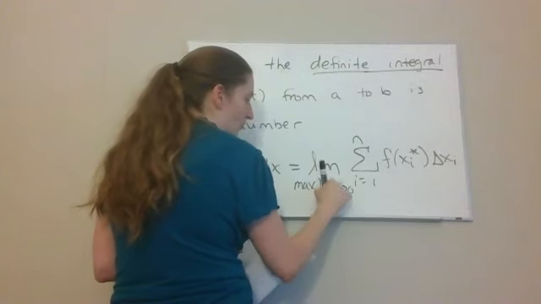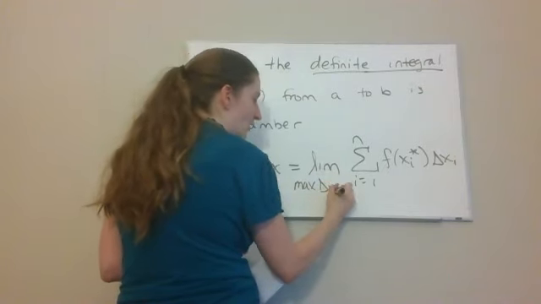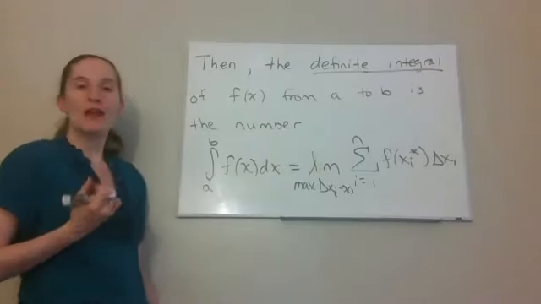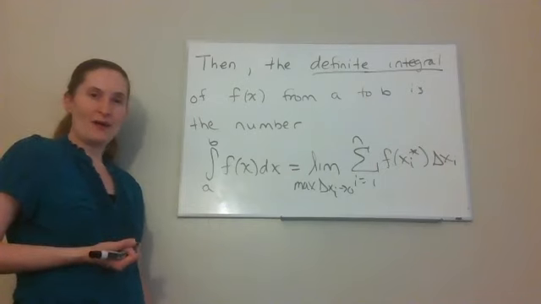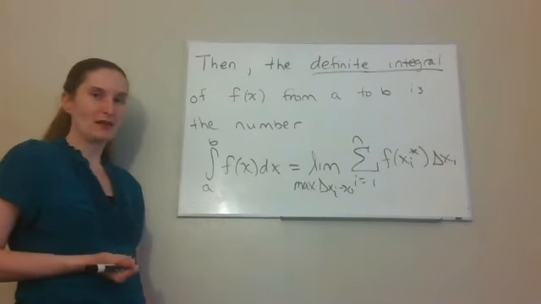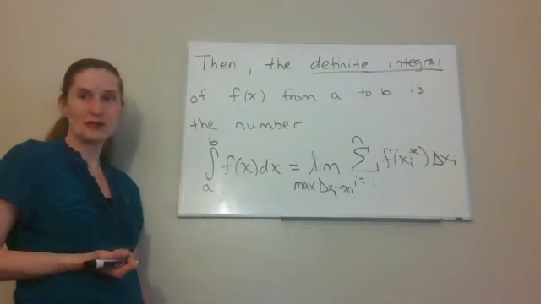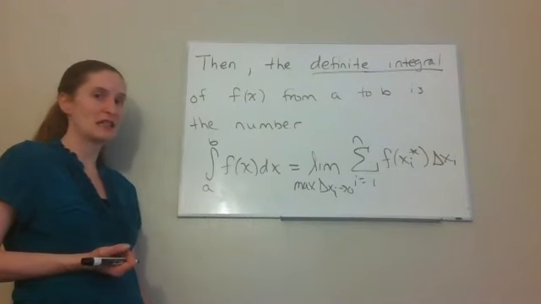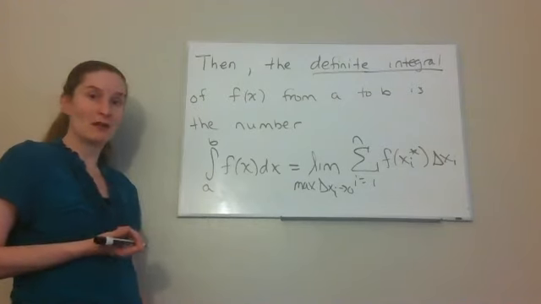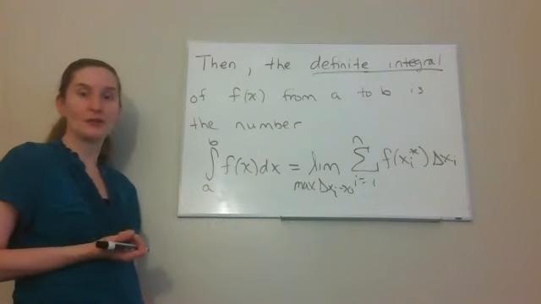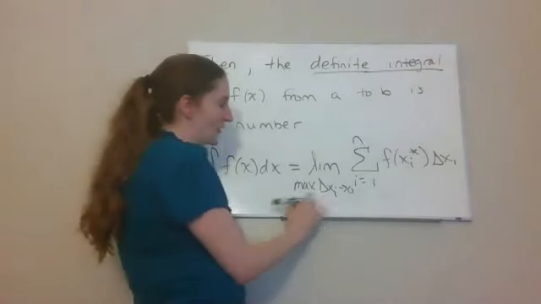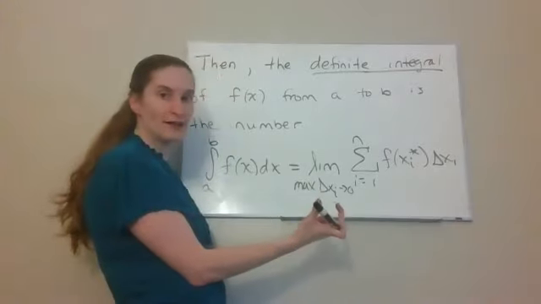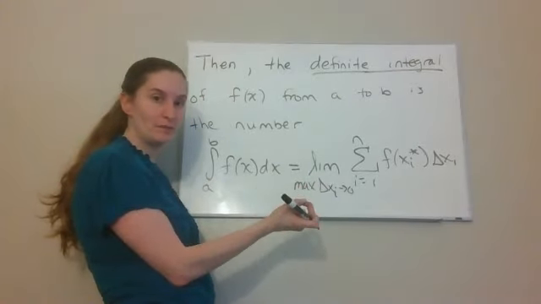So earlier when we were dividing into equal size strips, we had this limit as the number of rectangles goes to infinity. Now I can't really say that anymore, because what if I had one really huge rectangle in there and the rest were infinitely tiny? I could still have infinitely many rectangles, but have a very bad approximation if one of my rectangles is huge and doesn't really get any smaller. So this notation here is saying the maximum width of my subintervals is going to 0.